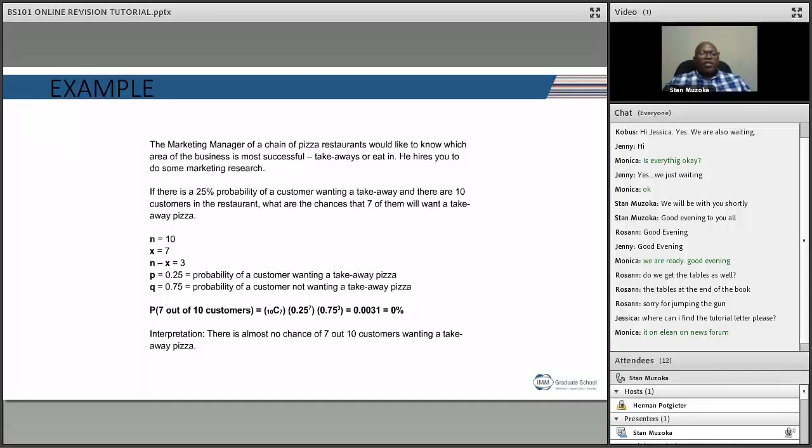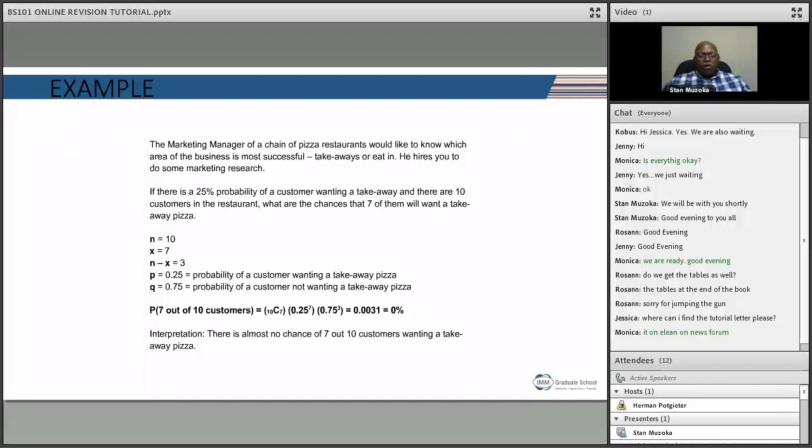Take your calculator. Always in probability, set your calculator to 4 decimal places. It avoids complications in terms of getting very wild answers that you don't understand, like 10 to the minus something.